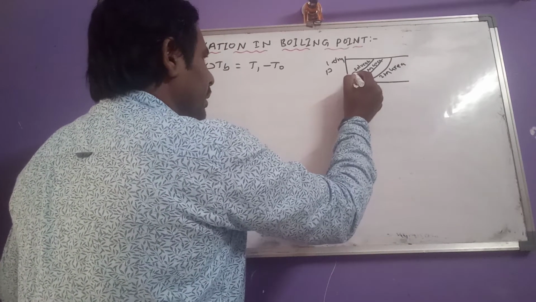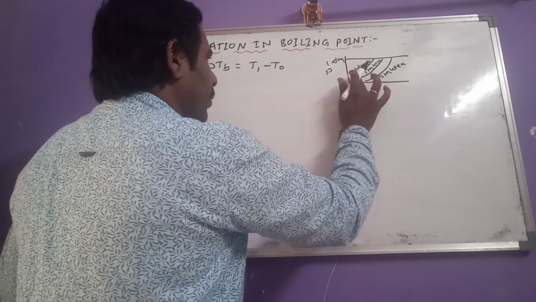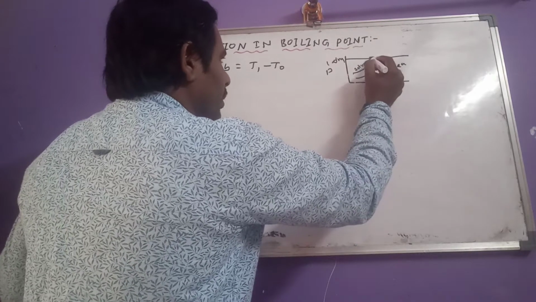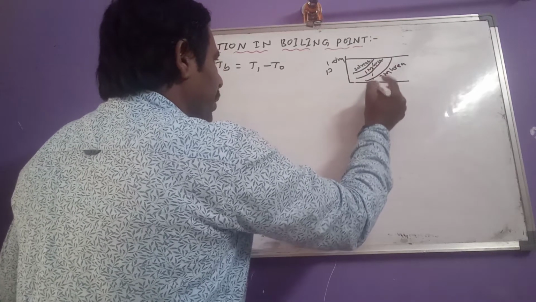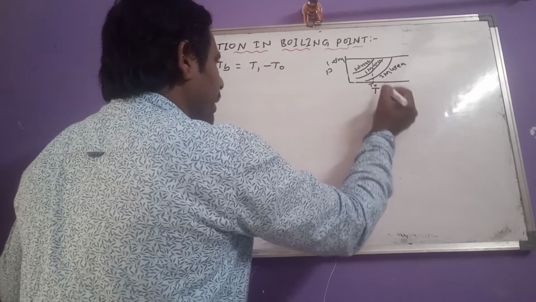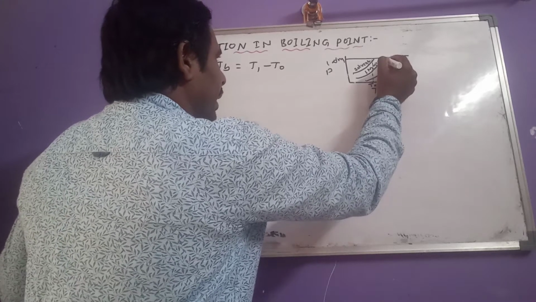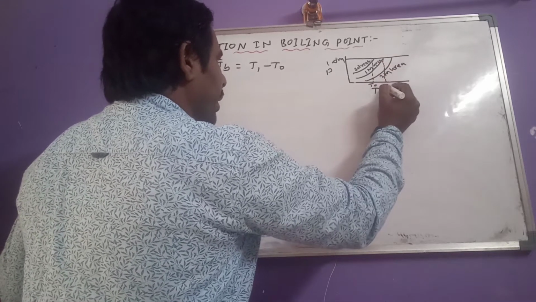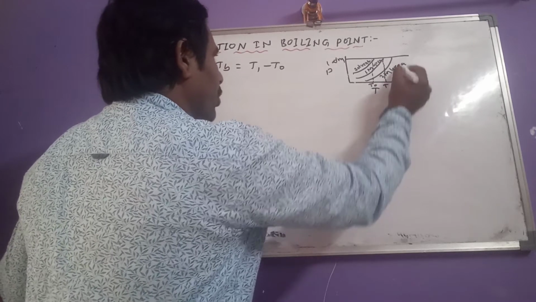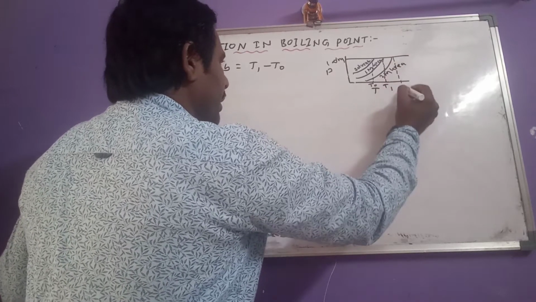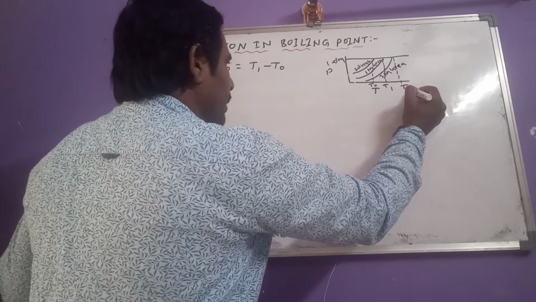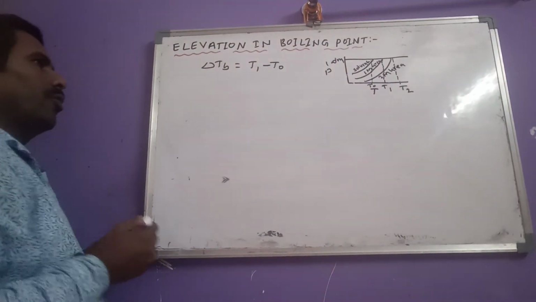Now here, this is the boiling point of the solvent, let it be T0, and let this be the boiling point of the 1m urea solution, and this is the boiling point of the 2m urea solution.